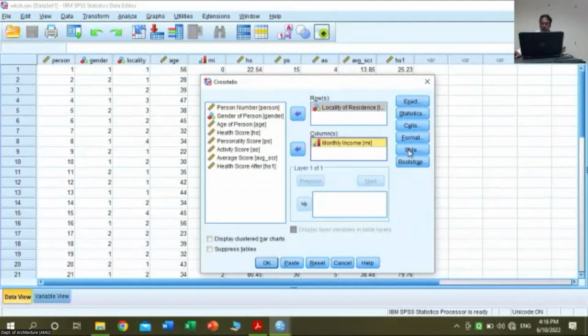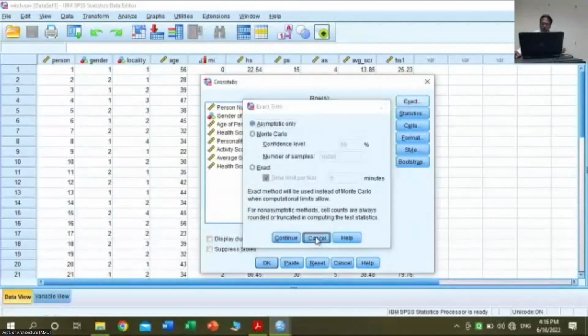After moving these two variables to the window, nothing else needs to be done here.